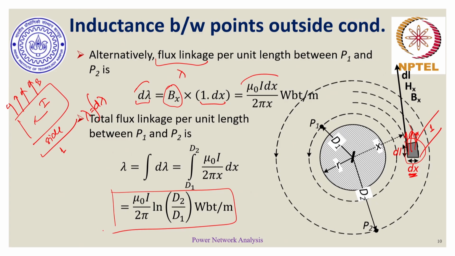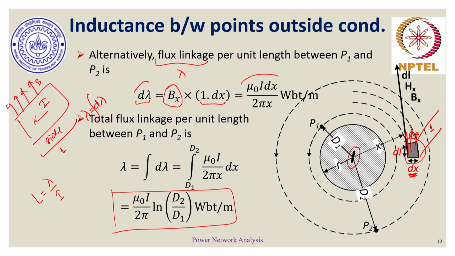And we also have seen or recollected that inductance value L for a medium where permeability remains constant is also equal to lambda by I, where lambda could represent the phasor quantity and I could also represent the phasor quantity. We are considering I and lambda to be the phasors here. They could be AC current, they could be DC current.